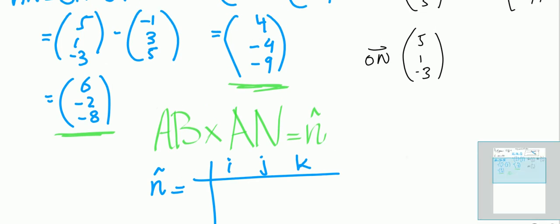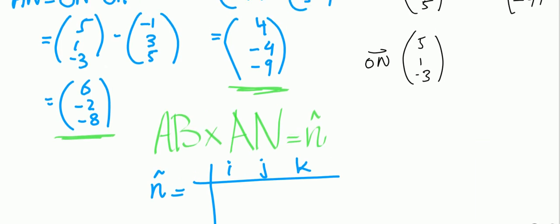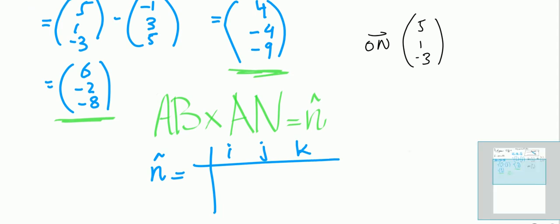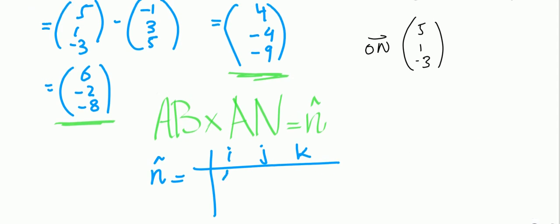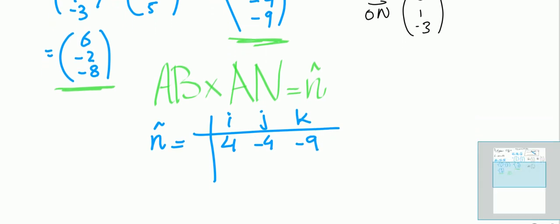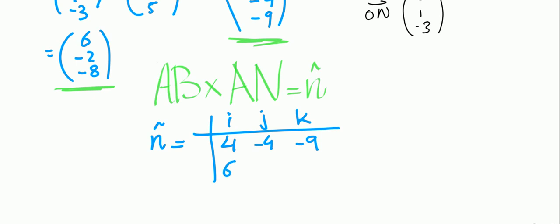Now first we're going to take AB, which is this vector right here, and we're going to write it as 4i minus 4j minus 9k. And then our values for the other vector AN, 6, minus 2, minus 8.